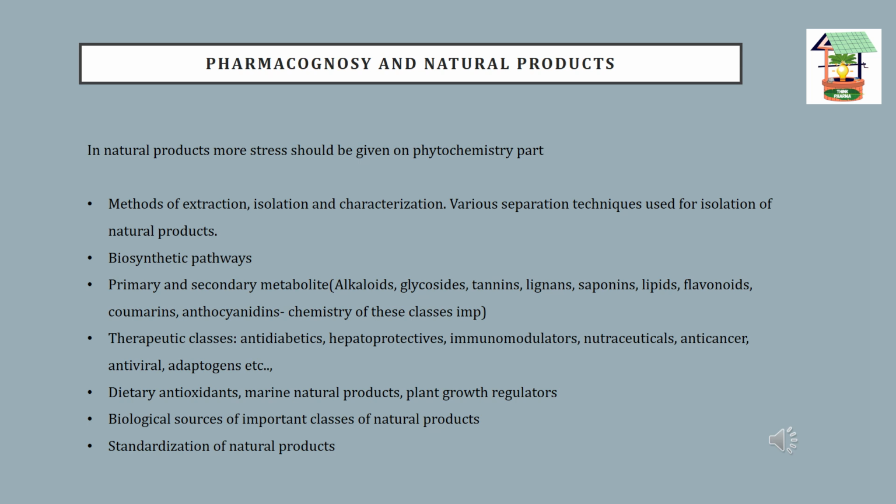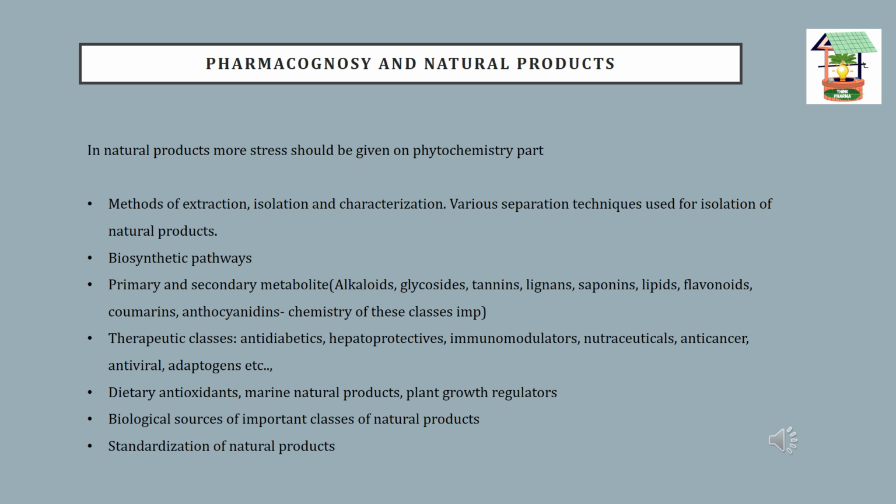So next comes therapeutic classes like anti-diabetic, hepatoprotective. So here, what are the plants, phytoconstituents or phytopharmaceuticals which were used as anti-diabetic agents, hepatoprotective agents. So all these plant chemical constituents that will be useful for the treatment of diseases we have to learn. Okay, and then next, dietary antioxidants, marine natural products, plant growth regulators we have to focus on.